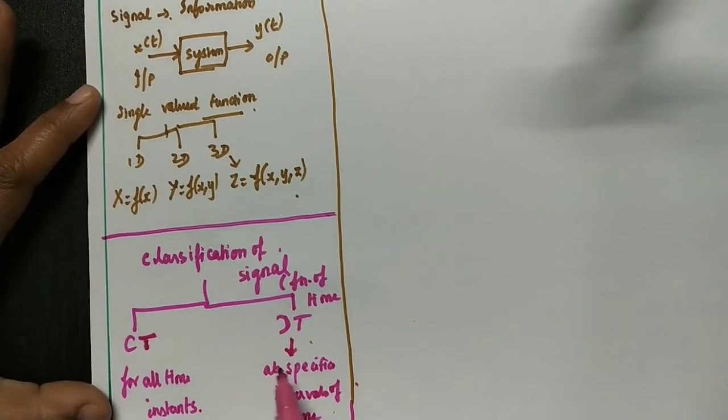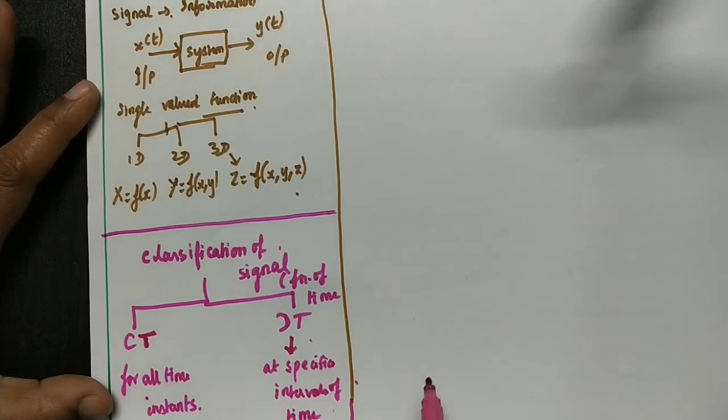So this is the difference between continuous time and discrete time signals.